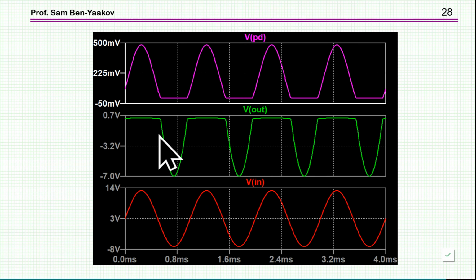Here it is, minus, and here is the conduction of the diode. And this is now, each instant, the product of the current, I'm not showing the current here, and the voltage, okay? So this is a behavioral model, a behavioral source, and you can do many things with it.